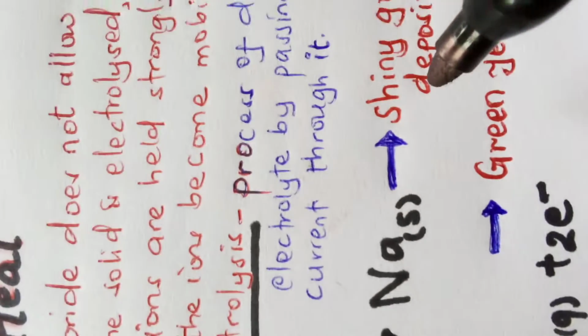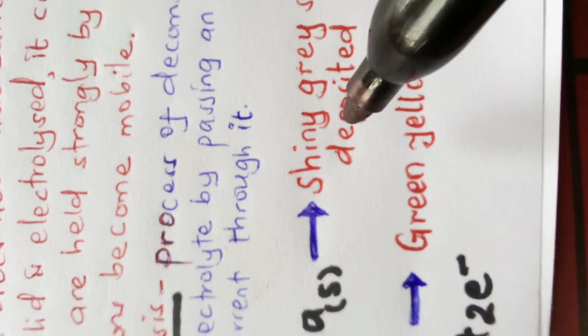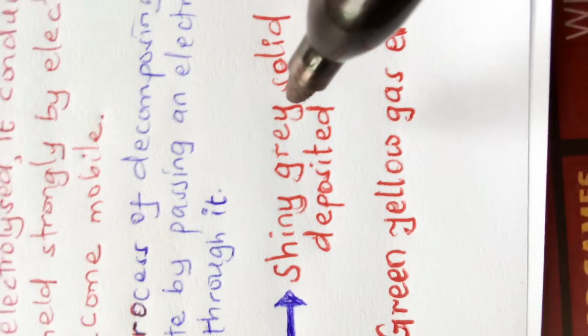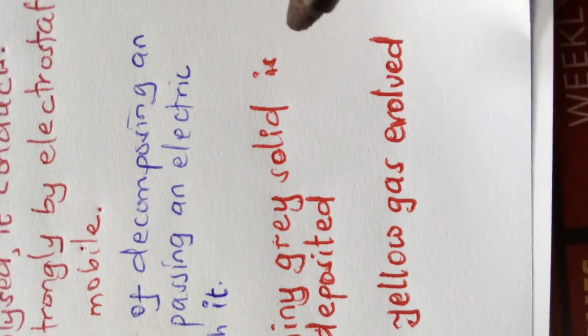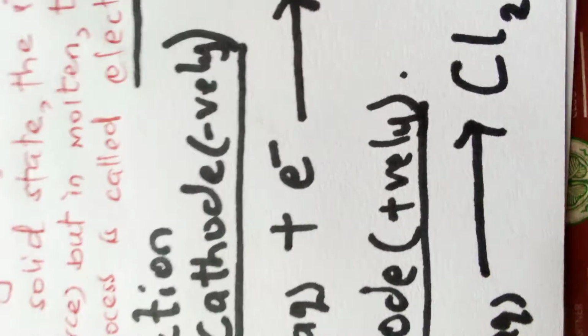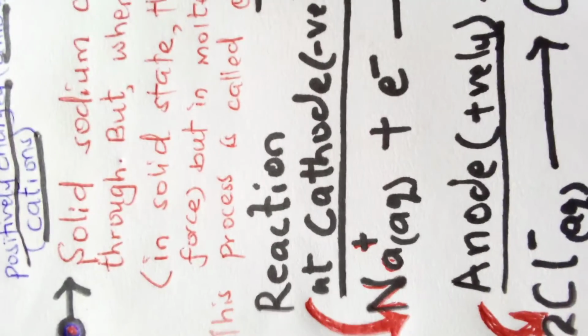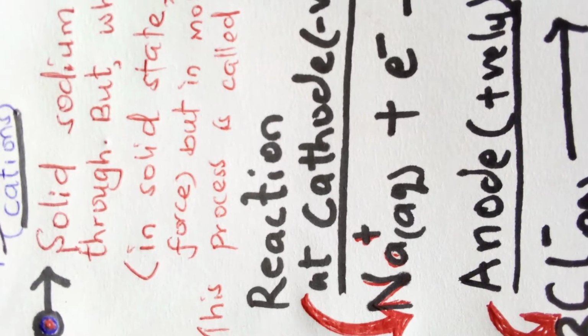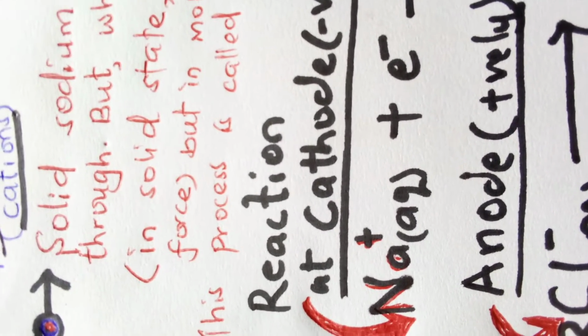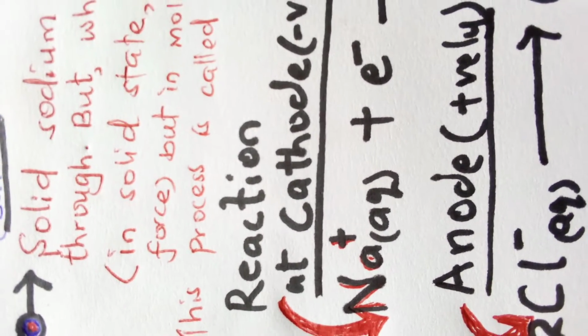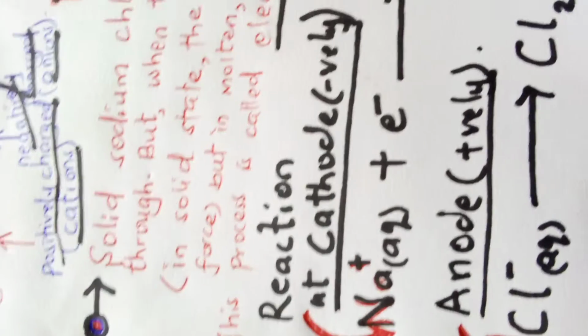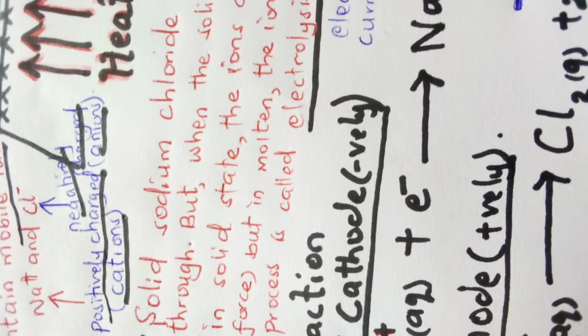What is the color of the sodium atom? Sodium atom is a shiny gray solid, which is deposited at the cathode. You may be asked, what is the observation made at the cathode? It depends on what has been deposited at the electrode. The product formed at the cathode is sodium metal.